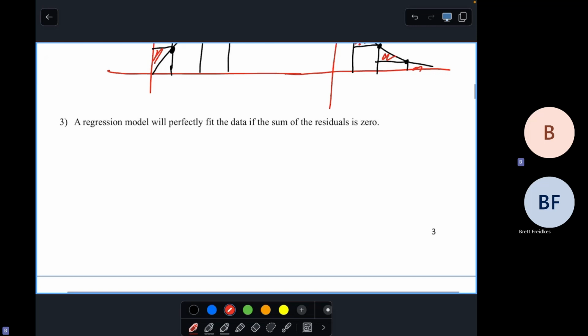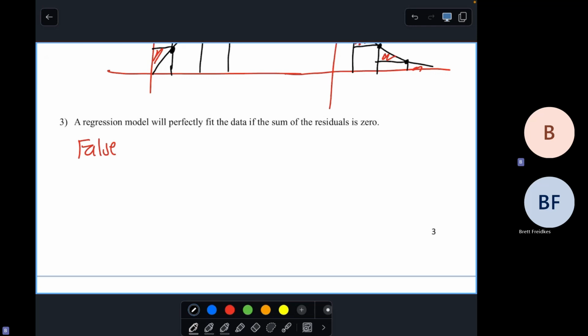Who says false? False. The reason it's false: is that the sum of the residuals? That's the sum of what? The residuals squared. This was a slightly tricky question.